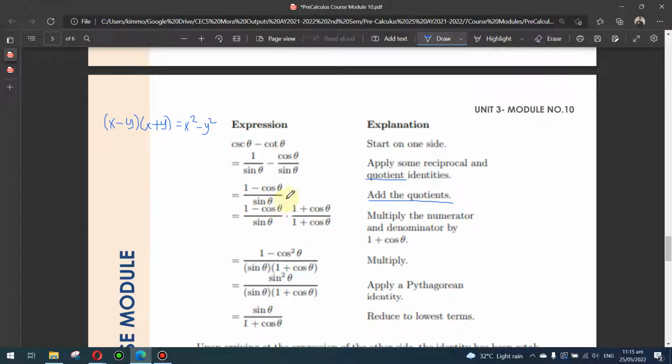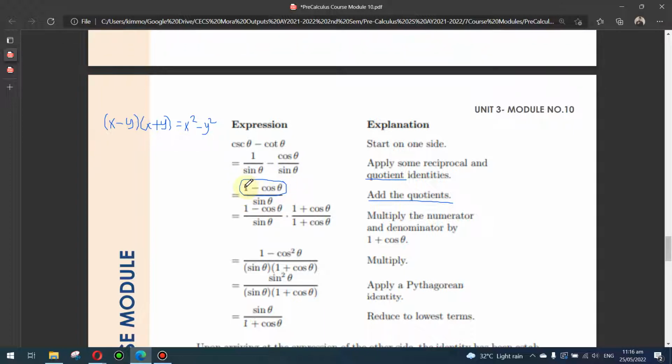So, since we have this like x minus y, x is 1 and y is cosine. What are we missing? We have the minus, and what we lack is the plus. So, that's why we multiply by 1 plus cosine. What is the result? We have x squared minus y squared.